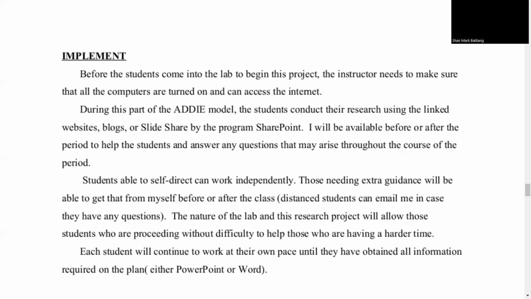Students able to self-direct can work independently. Those needing extra guidance will be able to get that from myself before or after the class. Each student will continue to work at their own pace until they have obtained all information required on the plan.